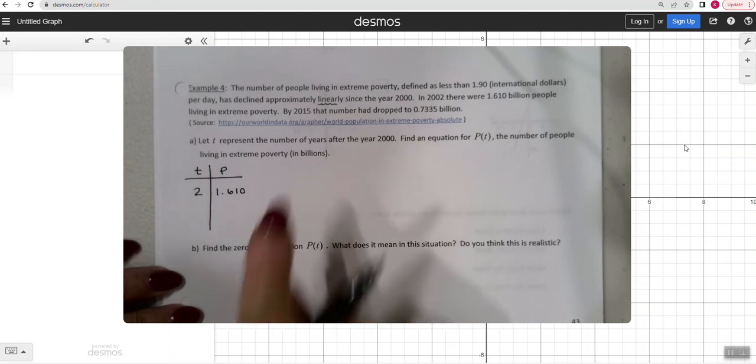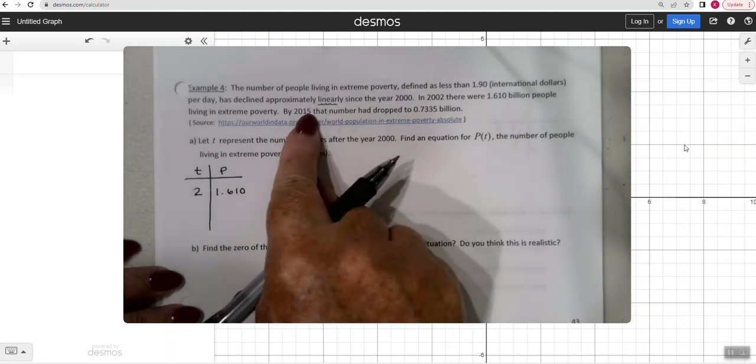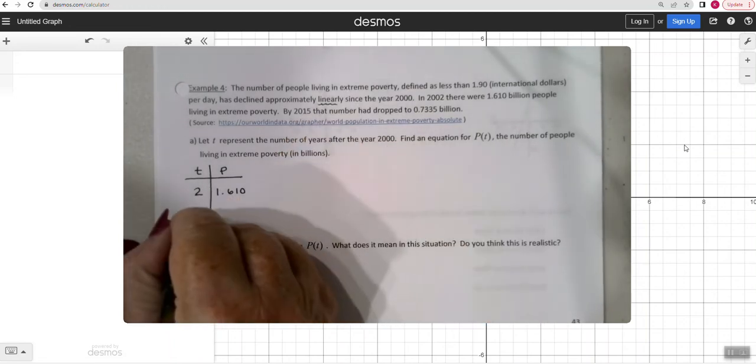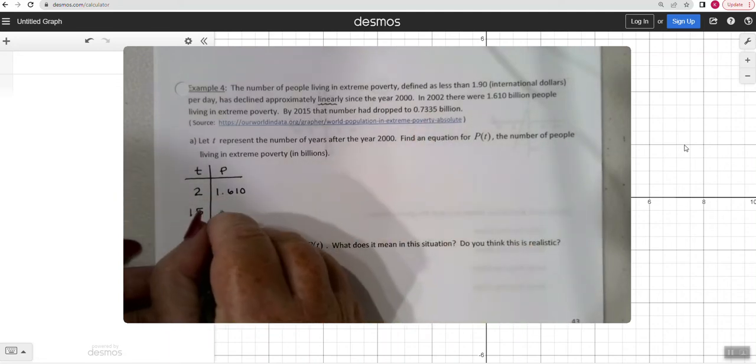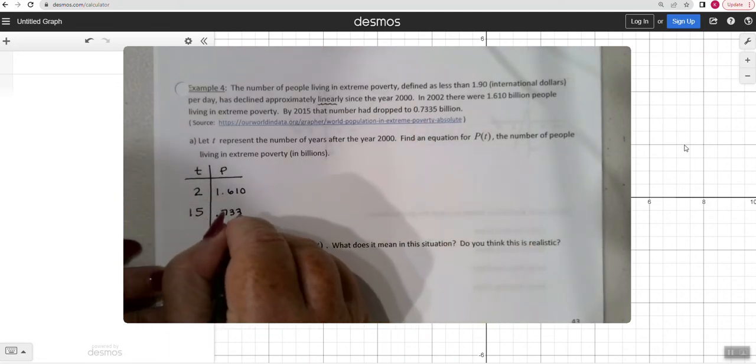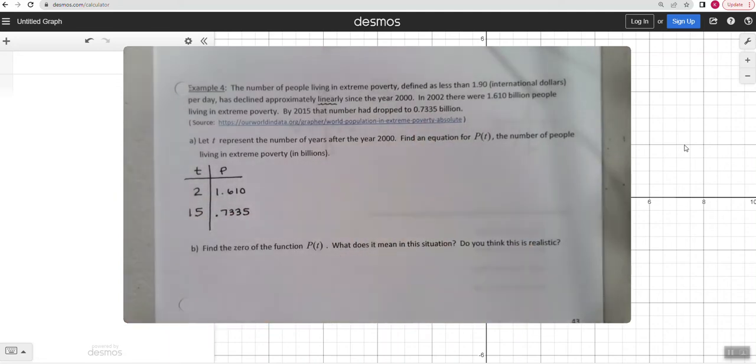They also told me in 2015, so T equals 15 there, we have fewer people in poverty, 0.7335. Now that my information is organized in that table, it's easier to work with mathematically, and I can start looking for a linear equation.